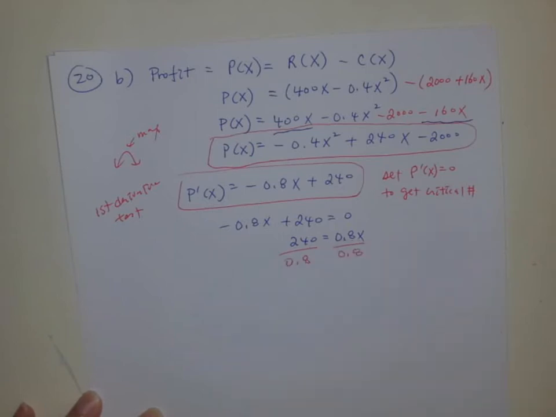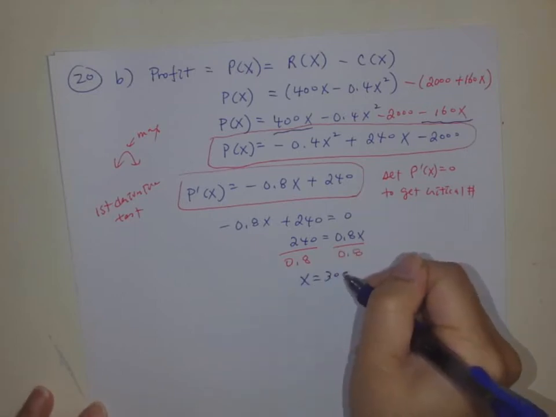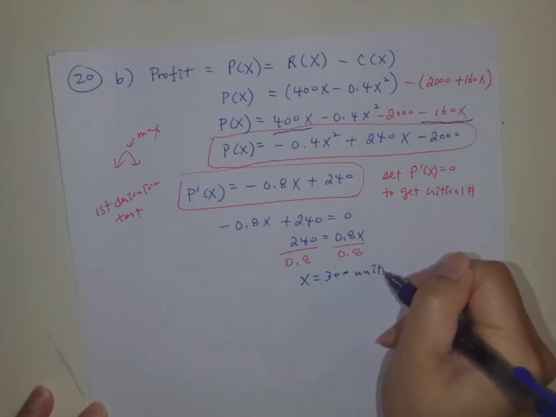Use your calculator: 240 divided by 0.8 is 300 units. So x equals 300 units.